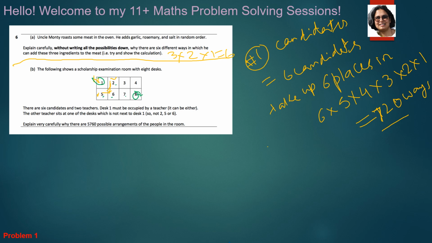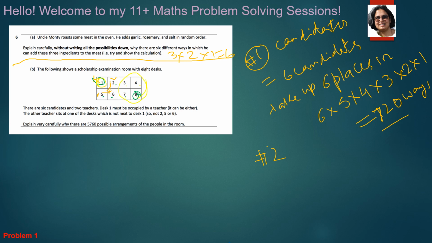The next option is your option 2, which is the 2 teachers. Now the two teachers will have 2 places. So the teachers have either the place 1, which is fixed for the teacher. The teacher can take any of 7, 8, 3, 4, any of these places.